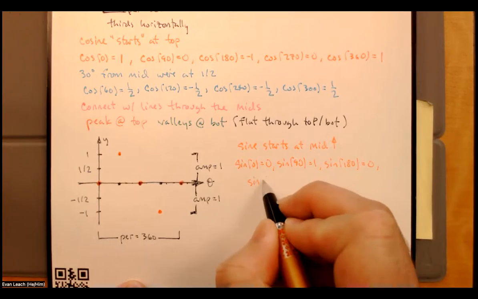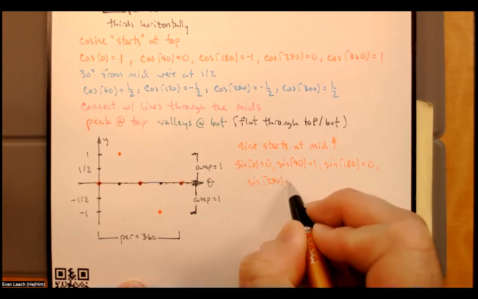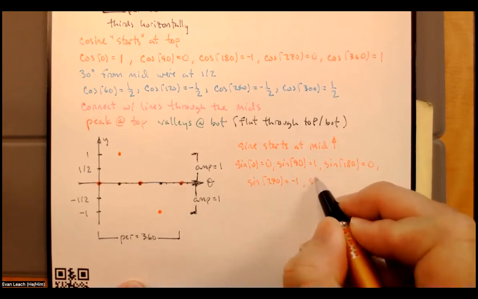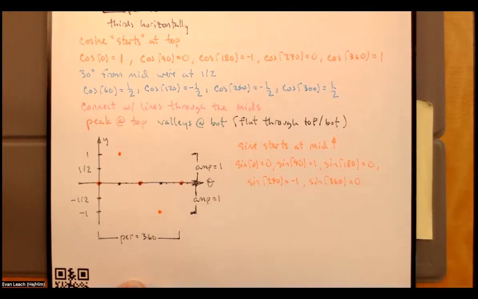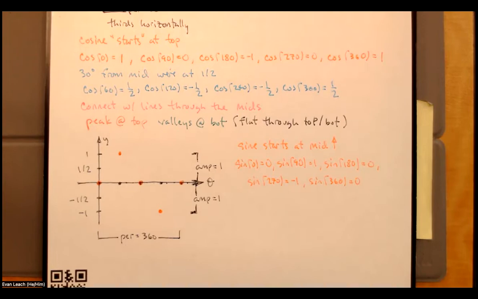Sine of 270 is -1. And sine of 360, we're back up to 0. Middle top, middle bottom, middle. One cycle of sine. The middles are all those zeros.